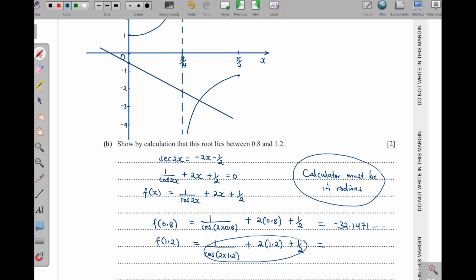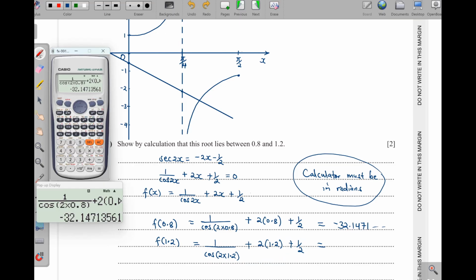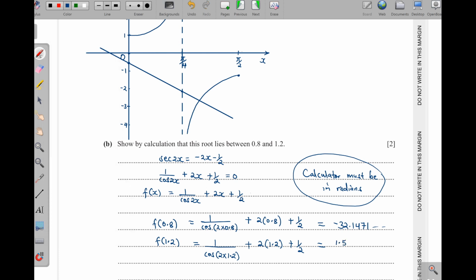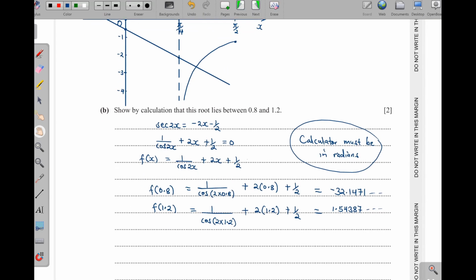Then how about this one here? Where there is 0.8, I will put 1.2, and also here we shall change it to 1.2. Then we get our answer 1.54387, and whatever was coming forth. Now, do you see that there is a change in the sign? One is positive, the other one is negative.